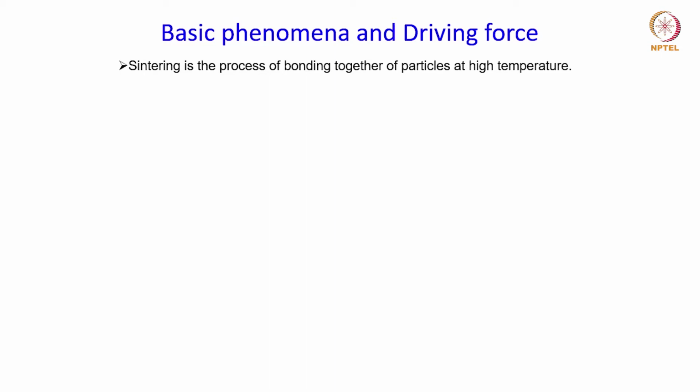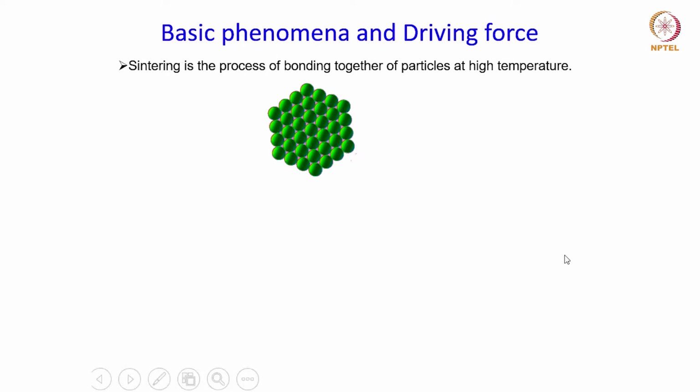So now if you look at the driving force behind this phenomenon, first of all, when you heat the compact to higher temperature, there could be two things which can happen. So let's say this is the green compact and the arrangement of the particles.